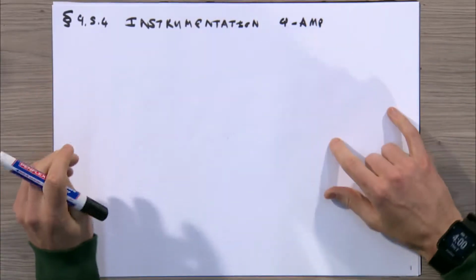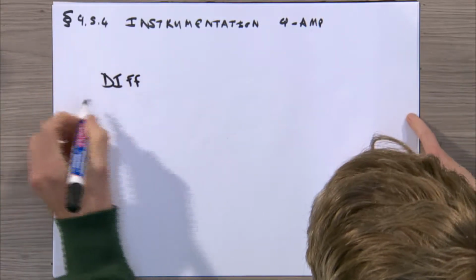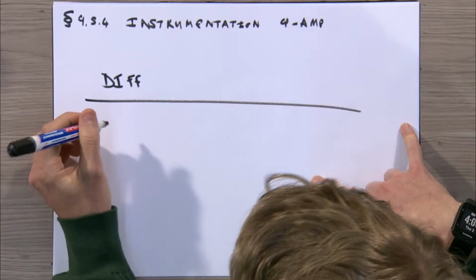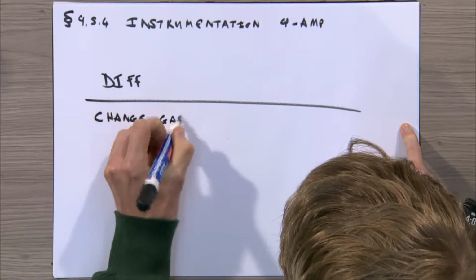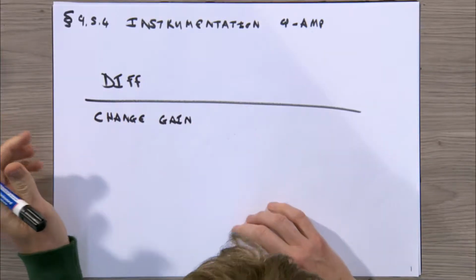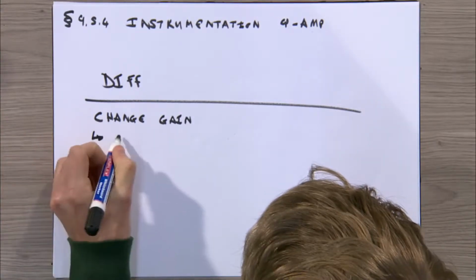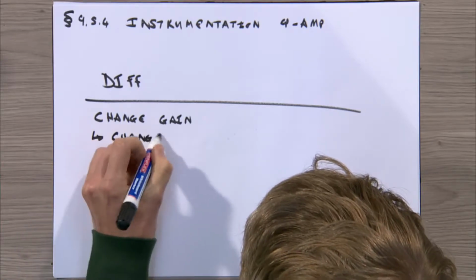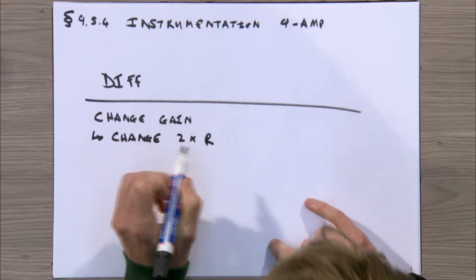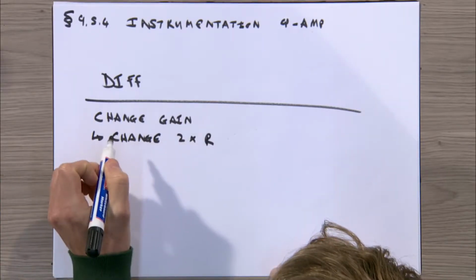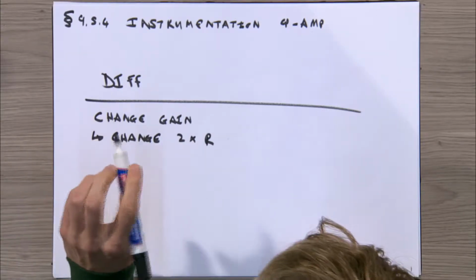Okay, so what we had with the differential amp, we said we can change the gain, so we can design the circuit to fit our dynamic needs. For example, if you want a gain of 5 to 200 times, but it would require changing two resistances. And it's very important to satisfy our ideal differential amplifier equations that both of those are changed in exactly the same way.